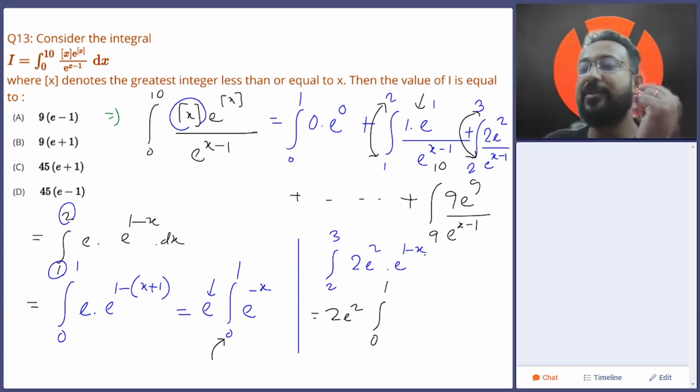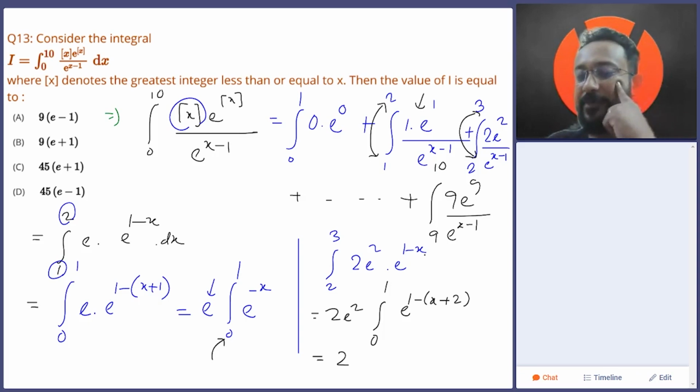And if I reduce this by 2, I have to increase this by 2. So e to the power 1 minus x will change to x plus 2. If you check carefully, twice of 0 to 1, this will be e to the power 1 minus x minus 2. So sir, I think it will be e to the power minus x into e to the power minus 1. Correct?